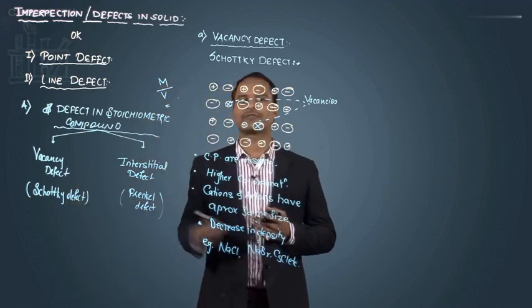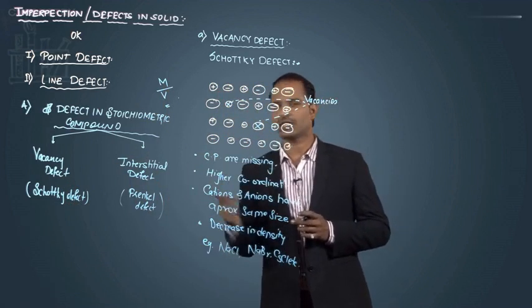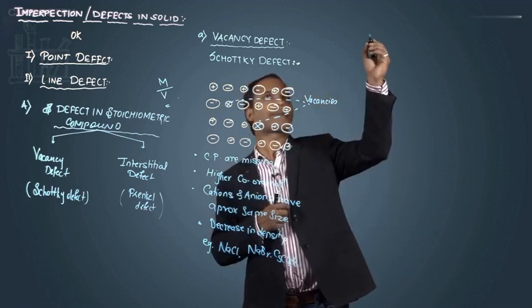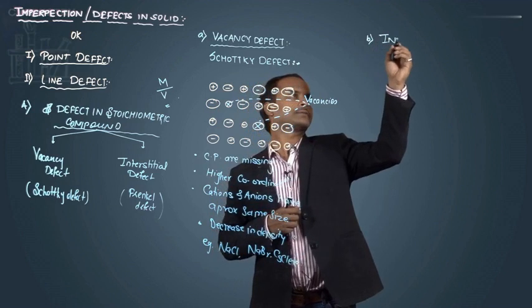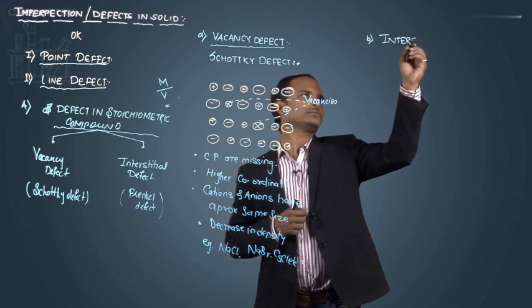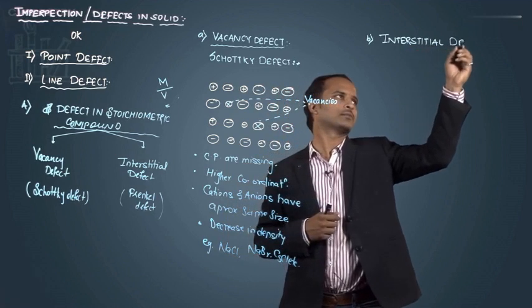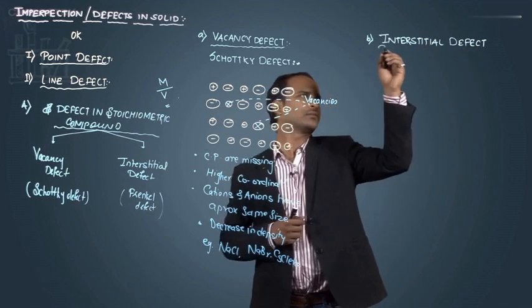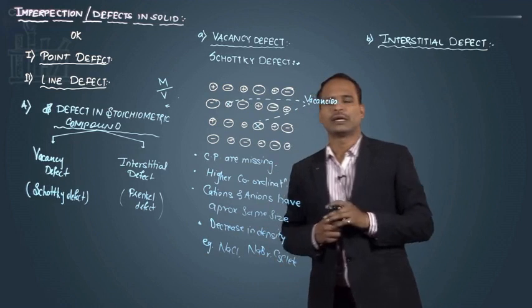Now after the vacancy defect, the next type of stoichiometric point defect is the interstitial defect. Now let's see the second one. Interstitial defect.